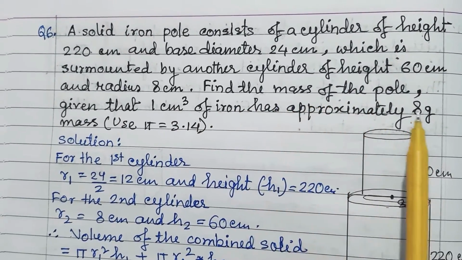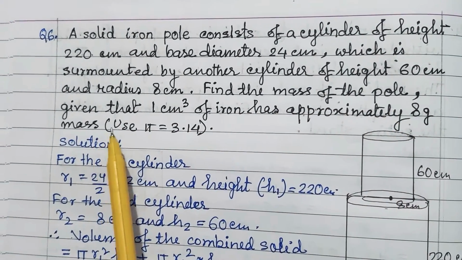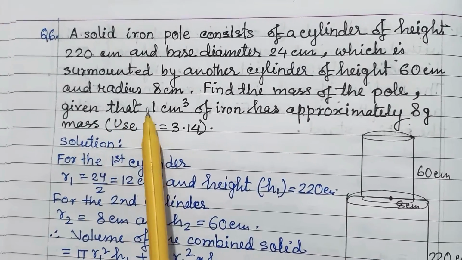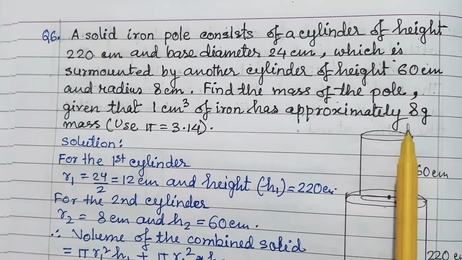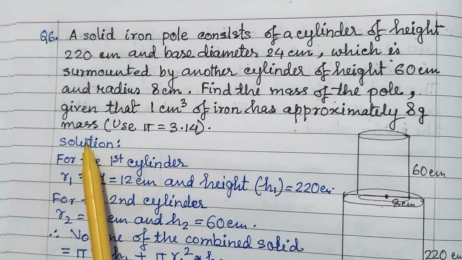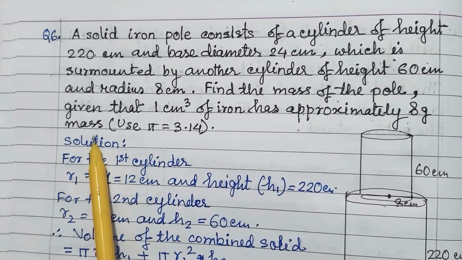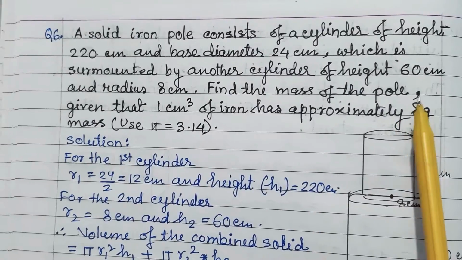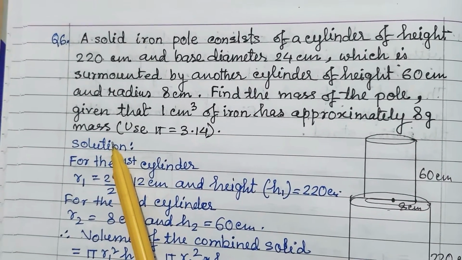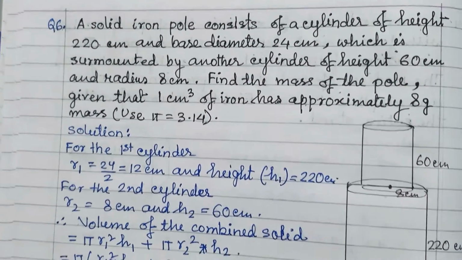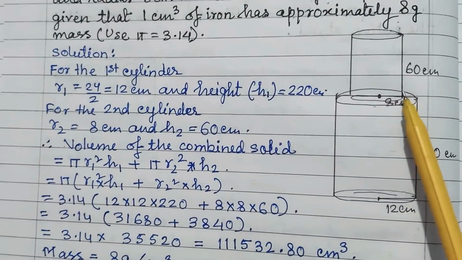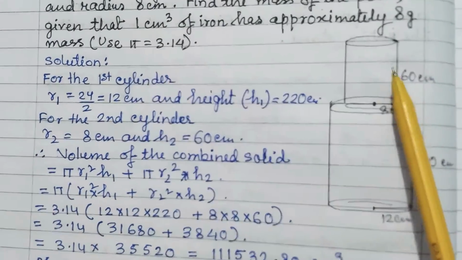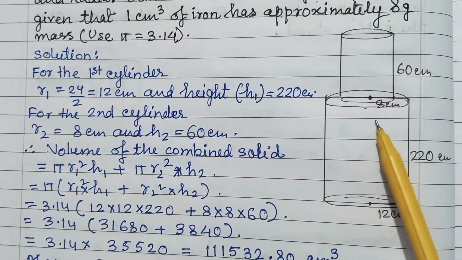Find the mass of the pole, given that 1 cm³ of iron has approximately 8 gram mass.